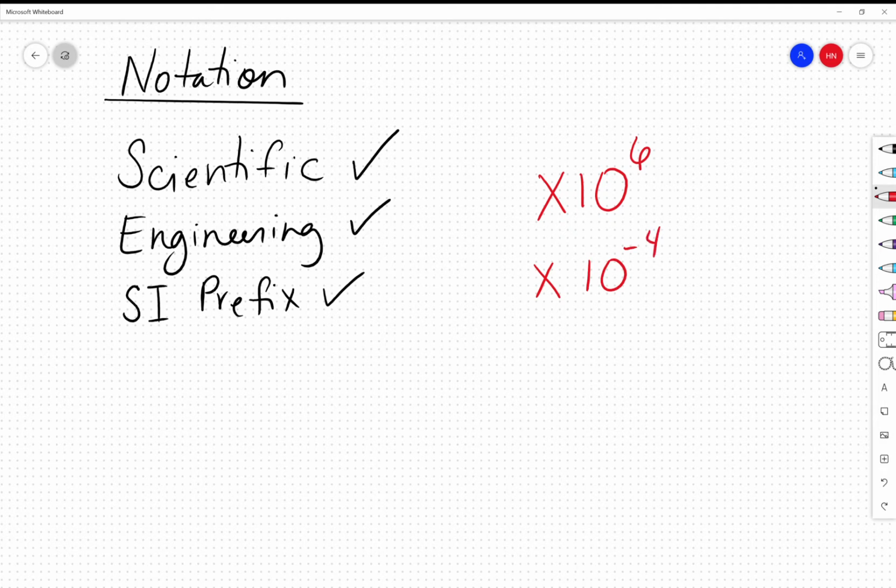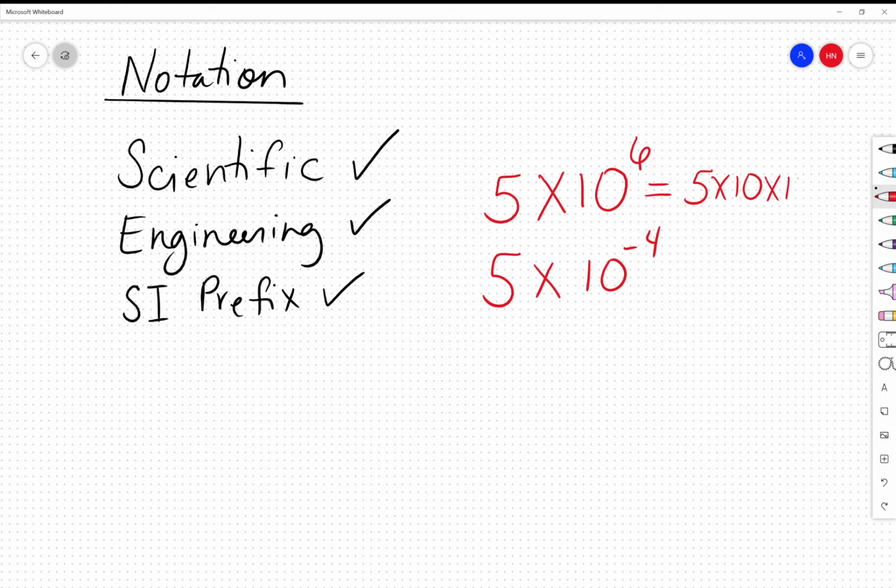Let's first make sure we understand what it means when I say times 10 to the 6, for example. You're taking the number 5 and you're saying that is 5 times 10 to the 6th power.